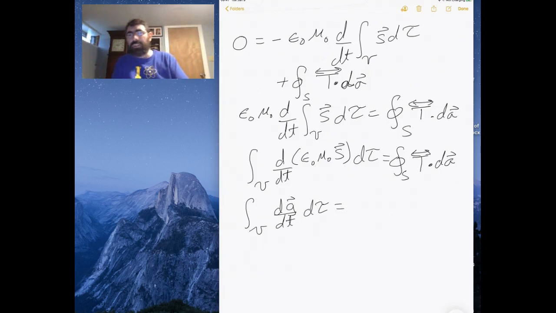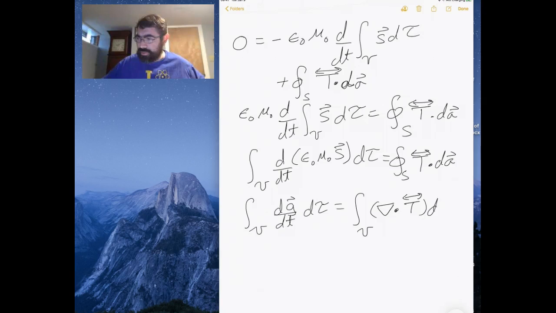And now with the right-hand side, we can invoke our good friend the divergence theorem and change that closed surface integral into a volume integral. And so that becomes the volume integral of the divergence of the stress tensor, like so. Okay.